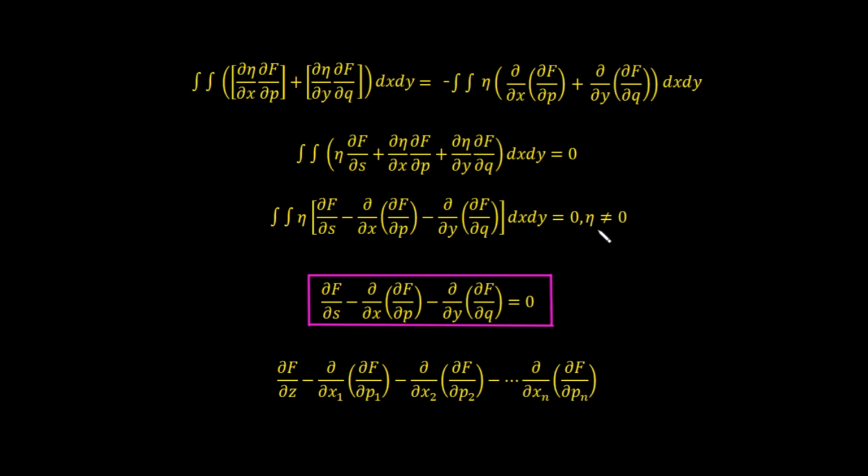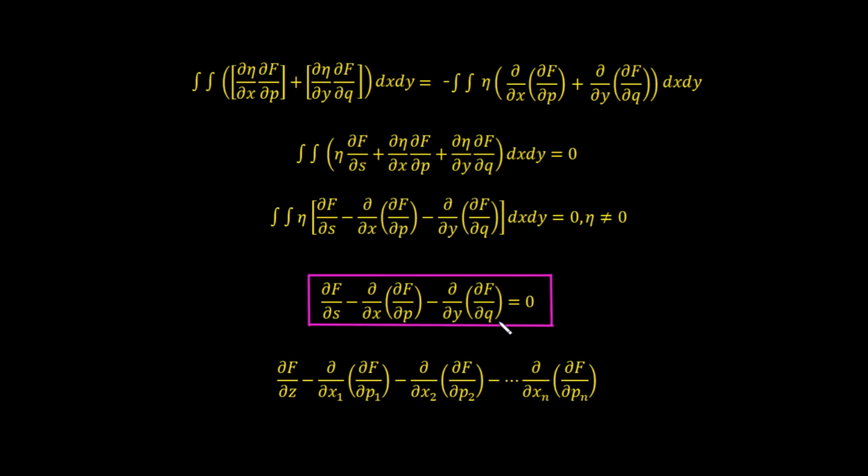And we know that the function eta of x and y doesn't equal 0. So by an extension of the fundamental lemma of the calculus of variations to two independent variables x and y, which we're not going to prove here, we can then say that the thing inside the brackets here must be the thing that is equal to 0 in order to make this integral equal to 0.